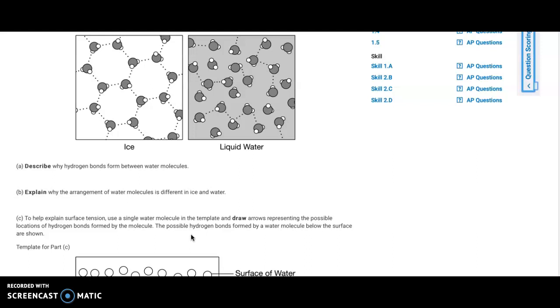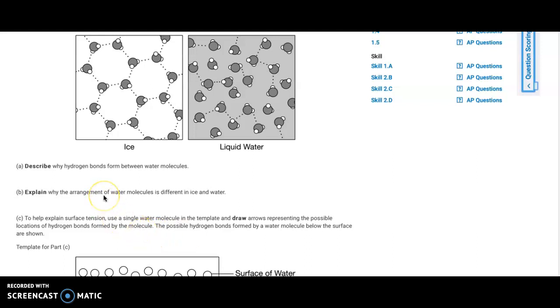It's really important that you don't misdescribe the bonds, that you don't describe a hydrogen bond as a covalent bond, or the bond between oxygen and hydrogen in a water molecule as being a hydrogen bond. It's not. So it's all about carefully using the language of this unit.